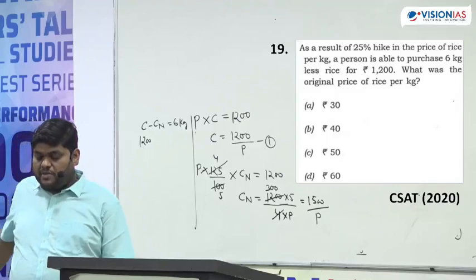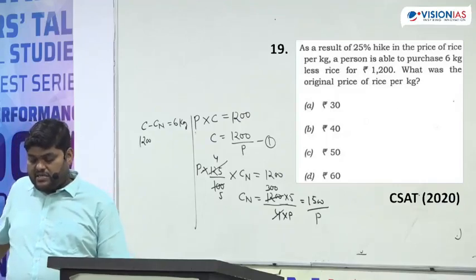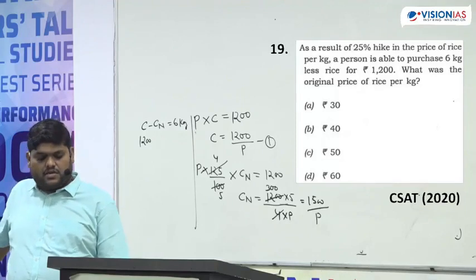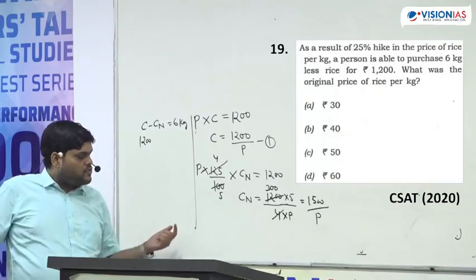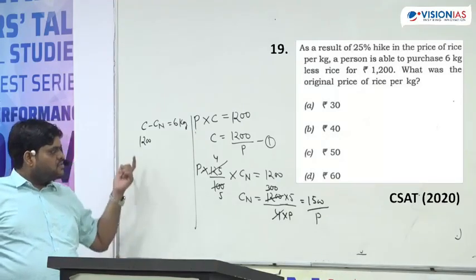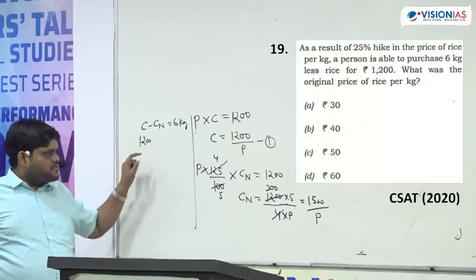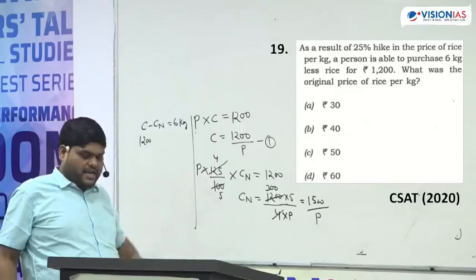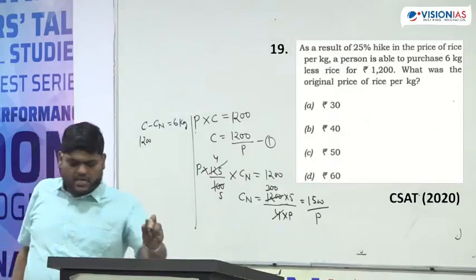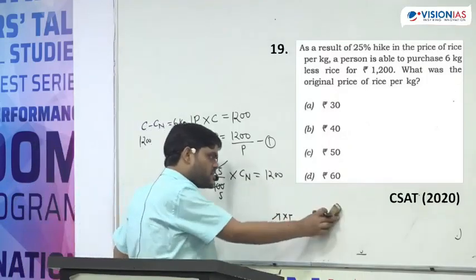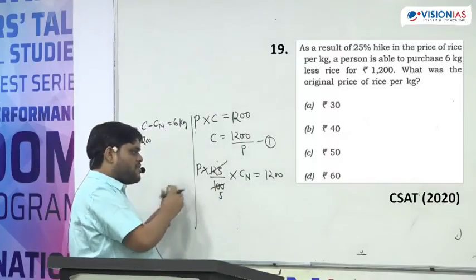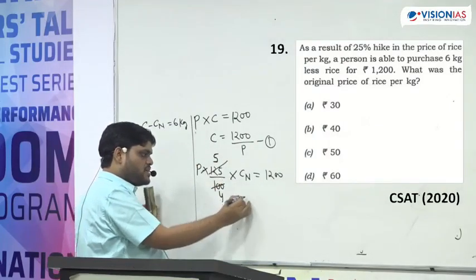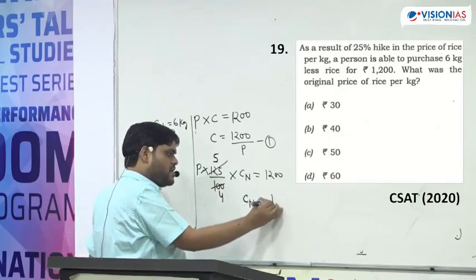As a result of the 25% hike in the rice, a person is able to purchase 6 kg less rice. So now the new consumption will be less. So C minus Cn is fine, but I think we made some calculation mistake. Okay, yes, the calculation mistake is there. That's why this is coming wrong. This will come as 5 and this will come as 4.